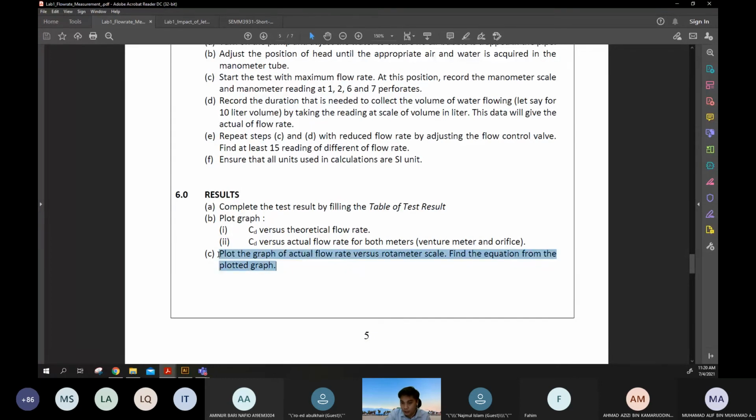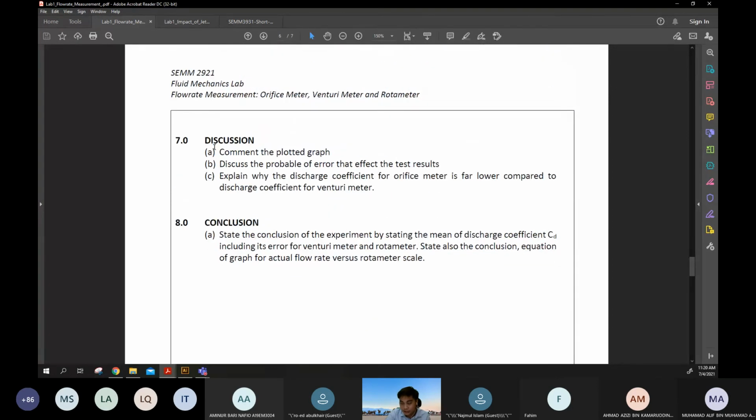Or you can do it manually: if the line is quadratic, you can use y equals ax squared plus bx plus c. Plot it, find two points, and then you can get the coefficients A, B, and C. Very simple.